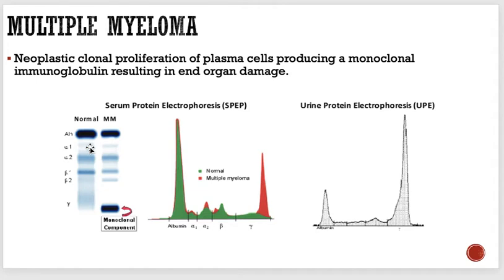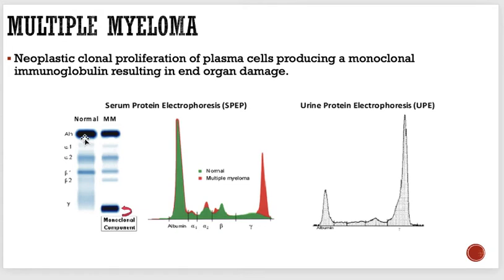Proteins are negatively charged, right? So they will start moving, and they move according to their weight. If something is heavy, it will move less, but if something is light, it is going to move more. So it is the easiest way to tell you how electrophoresis works.